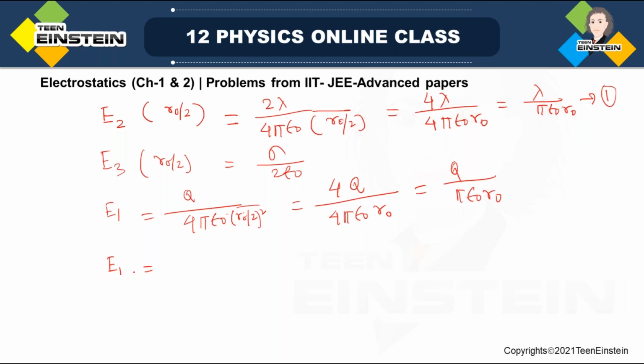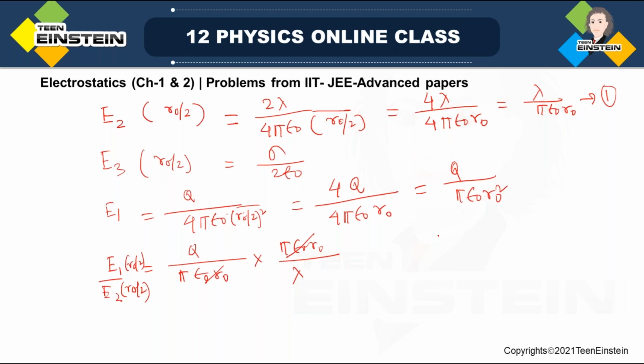Let us write E1 over E2, taking the ratio of these two, both at R0 by 2. E1 is Q by pi epsilon naught R0 square, and E2 is lambda by pi epsilon naught R0.